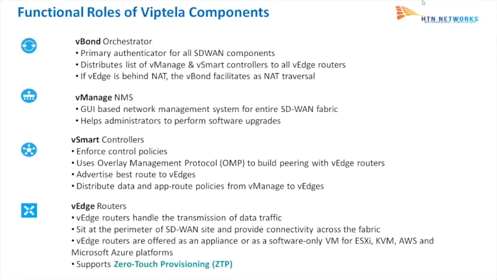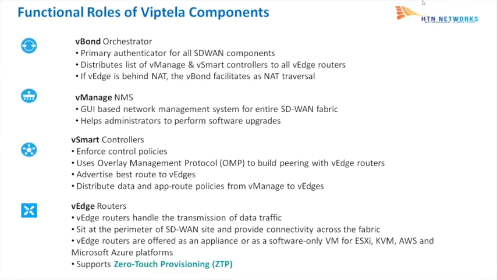The vSmart controller gets the routing information from each individual vEdge router, and then it knows the best route for the vEdge. For example, if a vEdge wants to go to a certain destination, the vSmart controller tells the vEdge router that this is the best route you should take. It also distributes data and app route policies from the vManage, and we will discuss these data and app route policies in the upcoming slides.